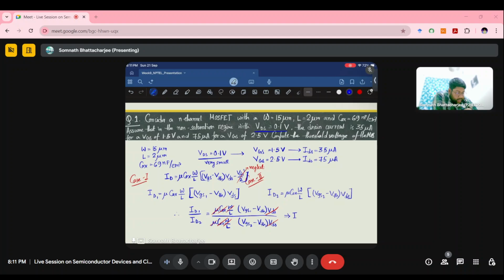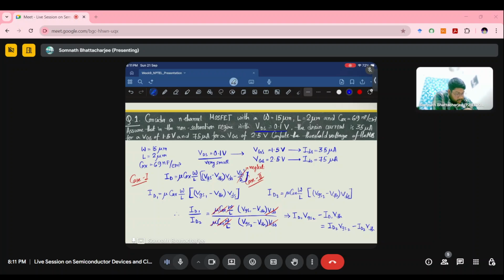That is ID1 multiplied by VGS2 minus ID1 into VTH, which equals ID2 into VGS2 minus ID2 into VTH.